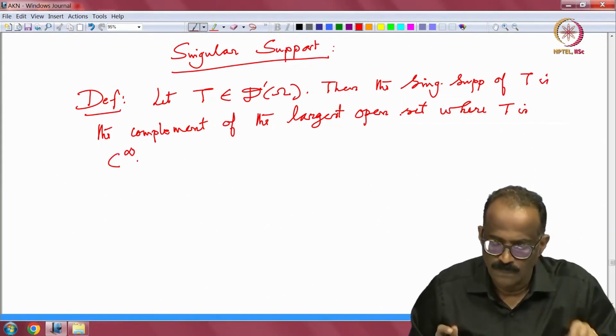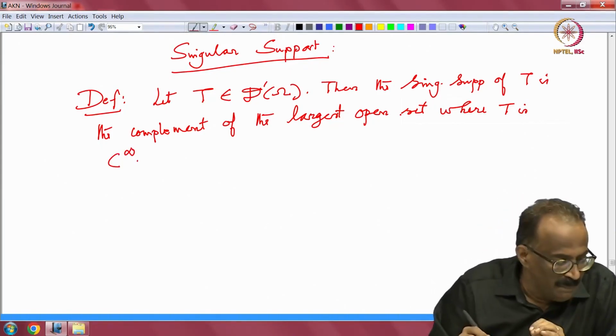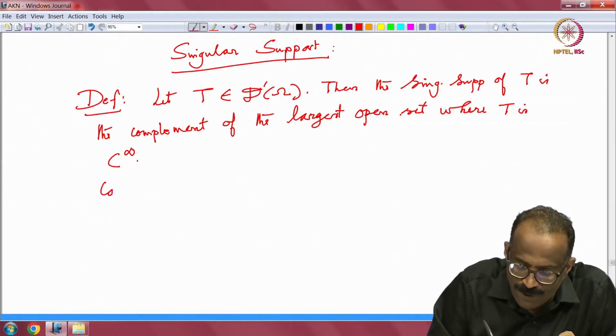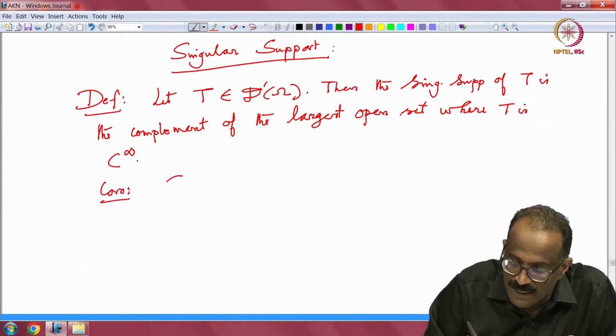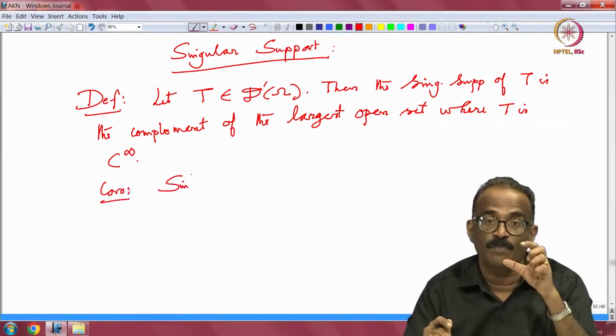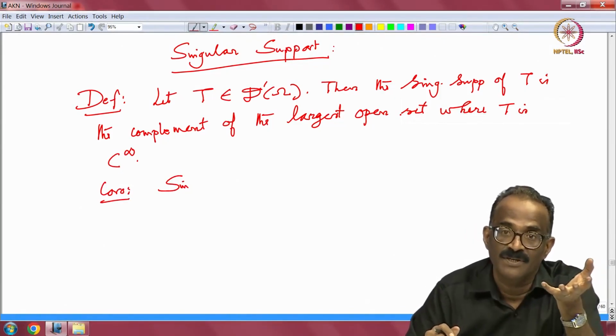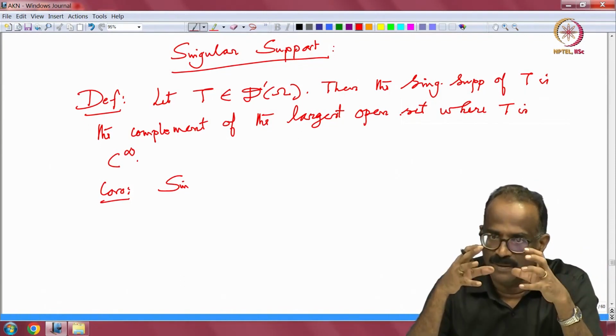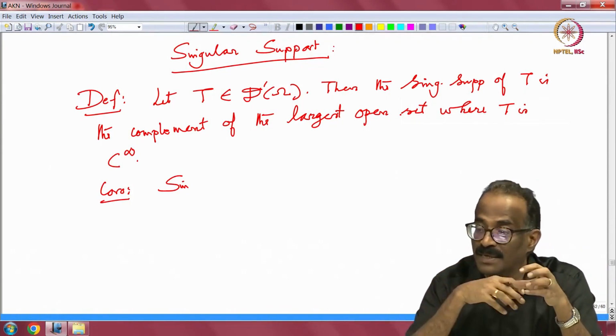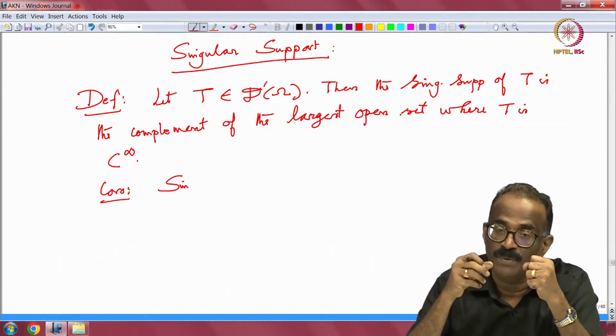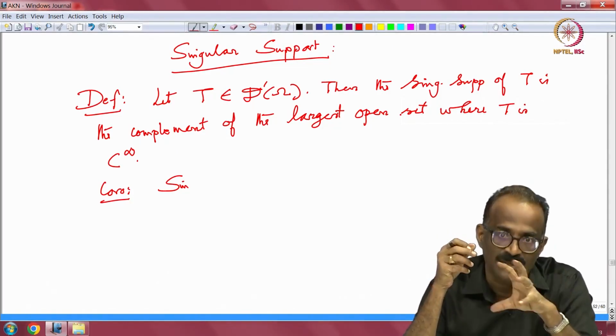So immediately you know the immediate corollary is that the singular support will be small. The support is the complement of where T vanishes, which is a C infinity function. So where it coincides with a C infinity function will be bigger, the open set will be bigger, and the singular support will be smaller.